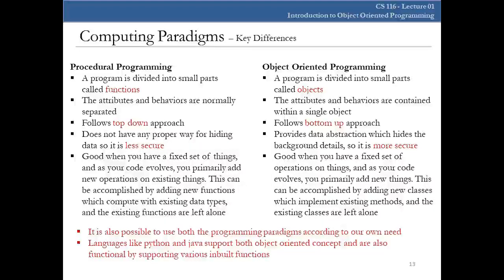So you can use C++ or Java or Python to write procedural code, as we had been doing in the last semester, and you can use them to write object-oriented code as well, of course. But a procedural language like C or BASIC, you cannot use to write object-oriented programs, because it lacks support for those specialist structures that support object-oriented programming.